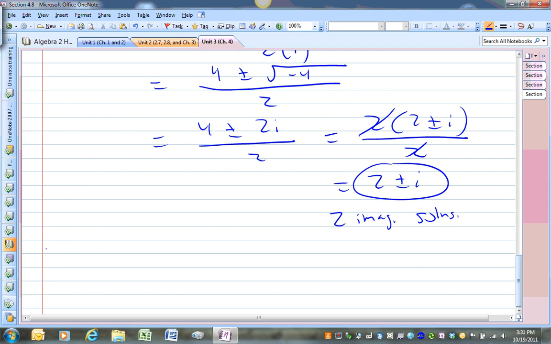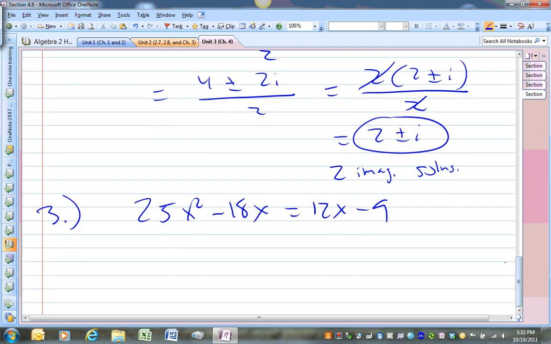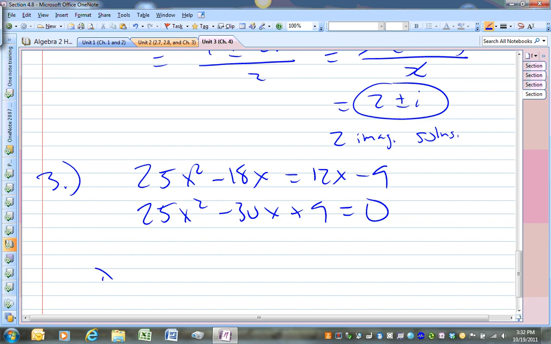Okay, let's try one more. Number 3: 25x squared minus 18x equals 12x minus 9. Get everything on the same side. Of course, identify a, b, and c.